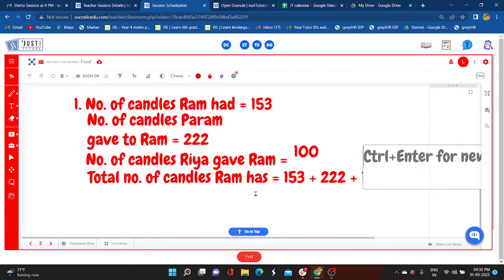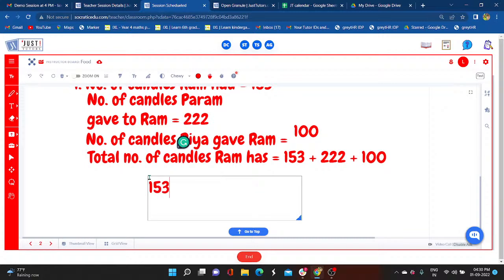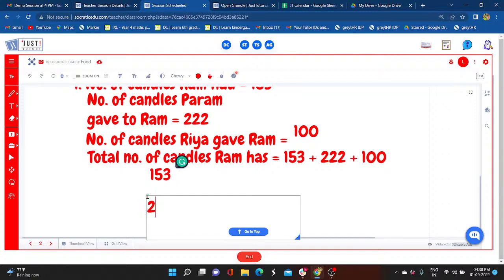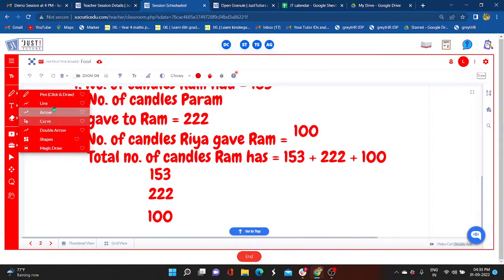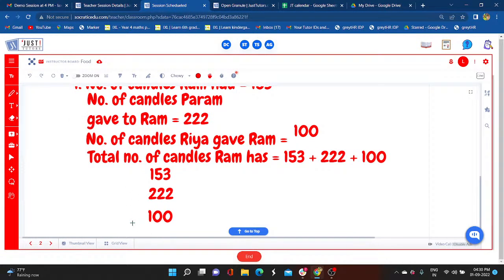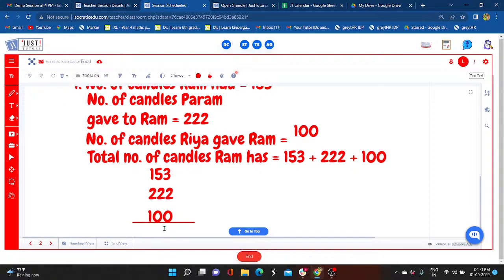Now let's see how we solve this. 153, 222, 100.